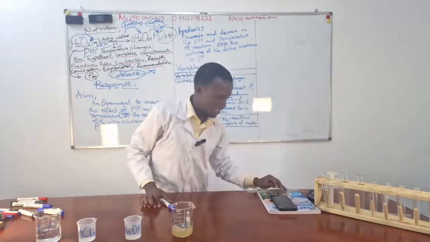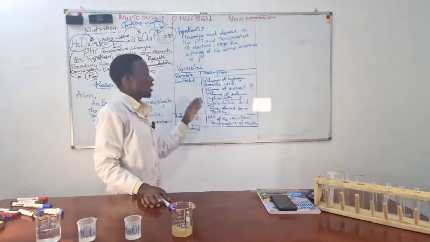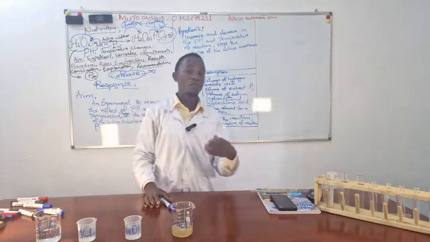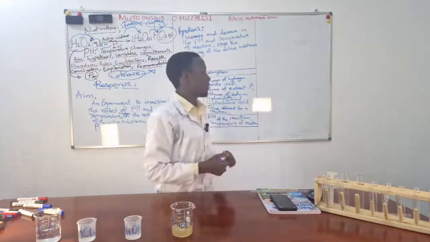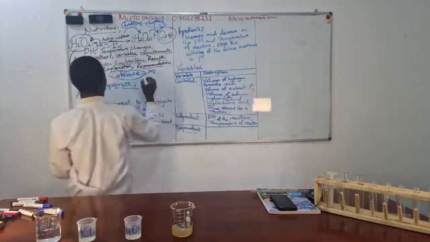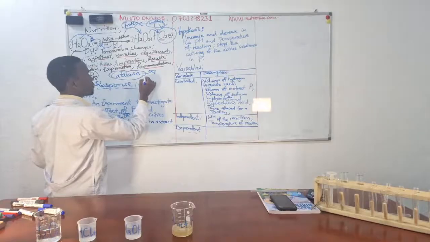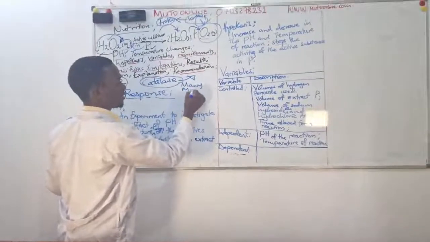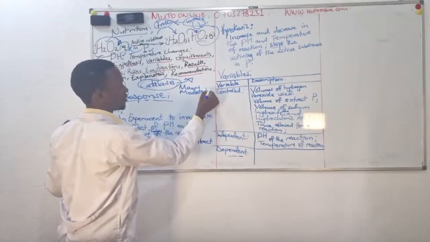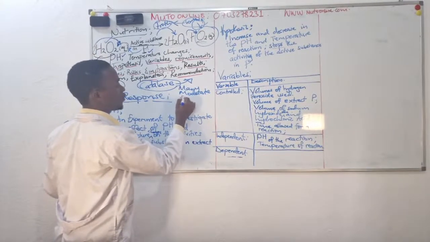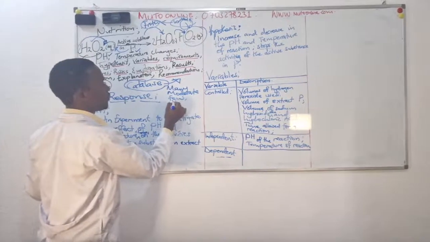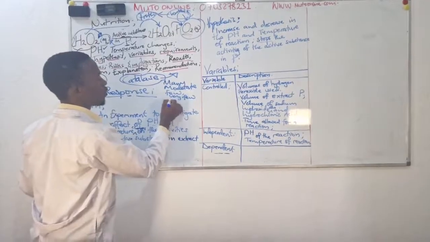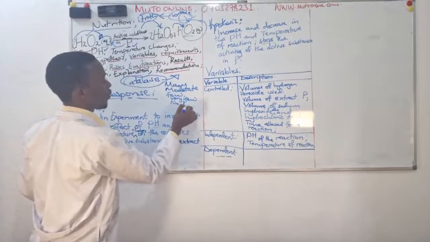But if you're not able to do what I'm going to do, your dependent variable can be the number of bubbles formed. The number of bubbles formed may be many, may be moderate, may be few, may be very few, may be no bubbles being formed.